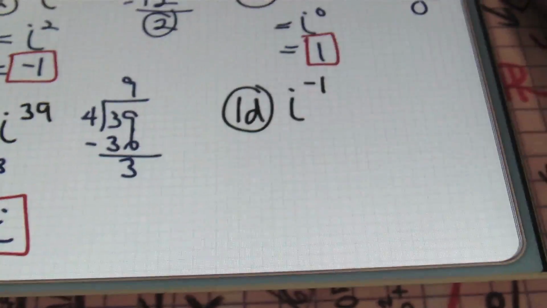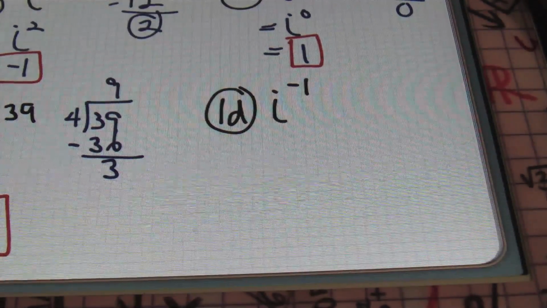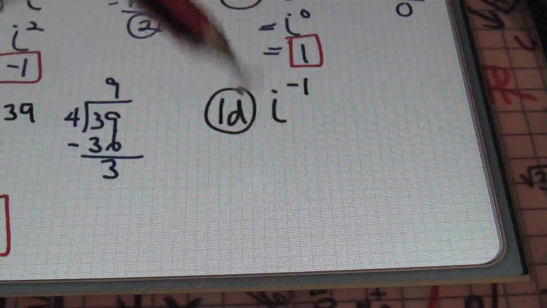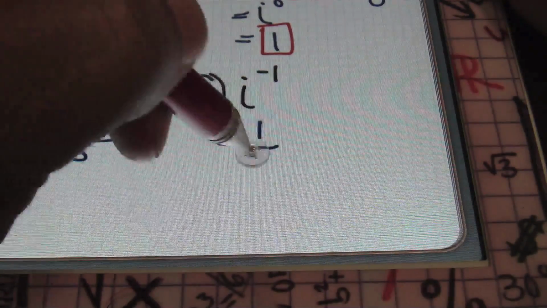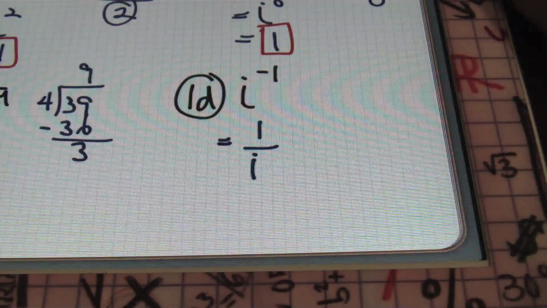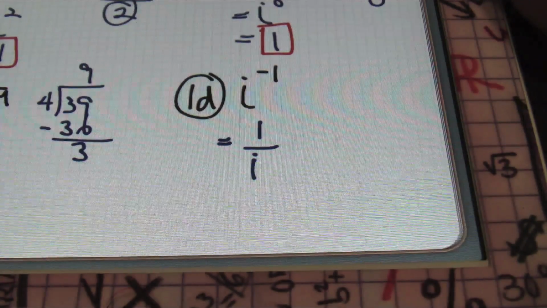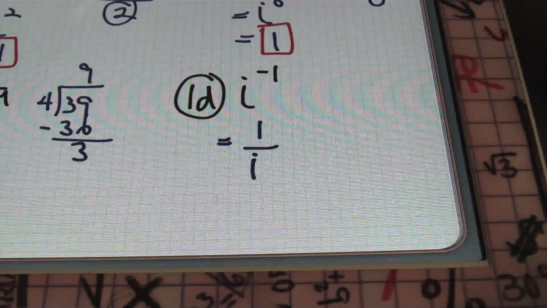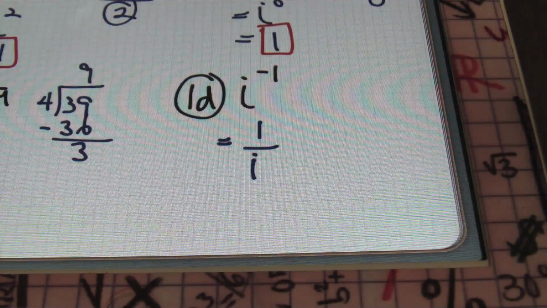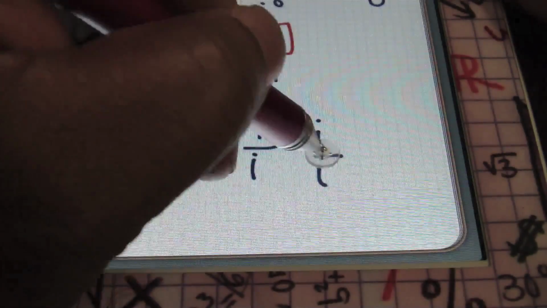All right. With 1d, we have i to the -1st power. When you have a negative exponent, remember that the base will be brought into the denominator. So I'll be rewriting this as 1 over i. Just like with your radicals, you're not going to leave an imaginary number in the denominator, so we'll be rationalizing that. When you need to rationalize an imaginary monomial, one term with an imaginary value in it, all you need to do is multiply by i over i.